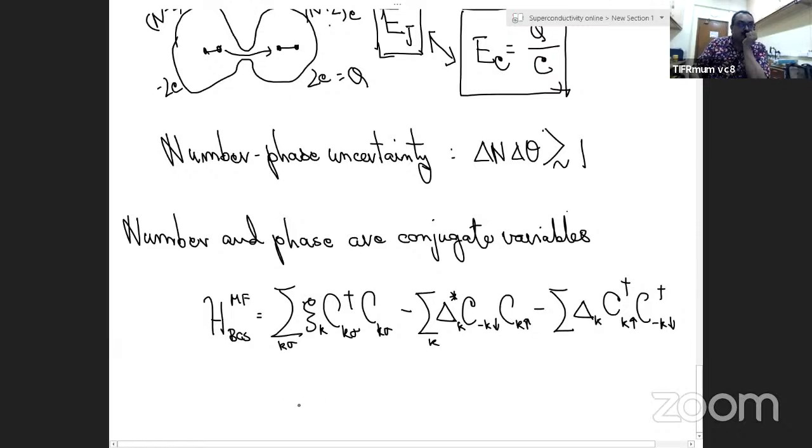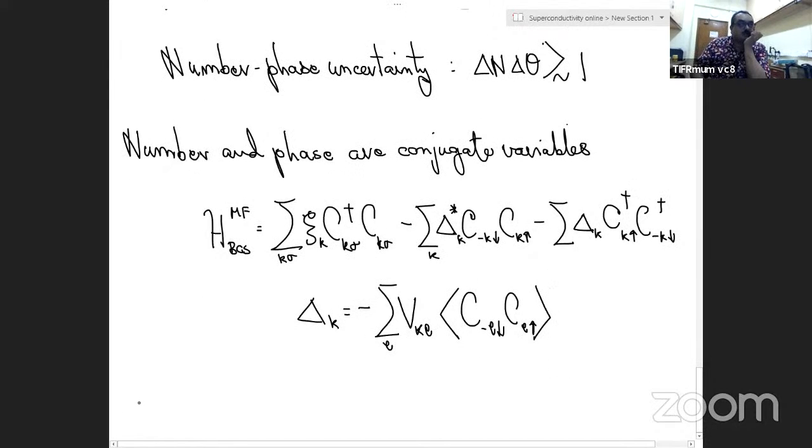Now you know that delta k is this quantity over here, and you also know that in its most general form, the BCS wave function is given by this.